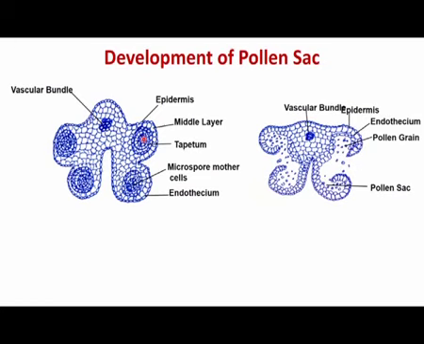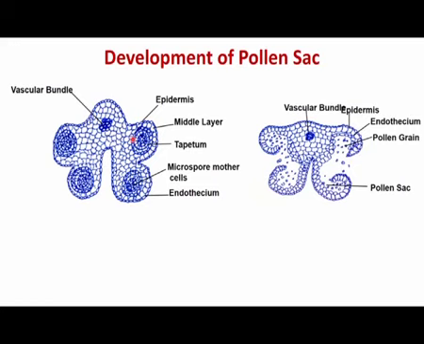The layers of primary parietal cells divide by successive periclinal and anticlinal divisions to form the concentric layers of the pollen sac.